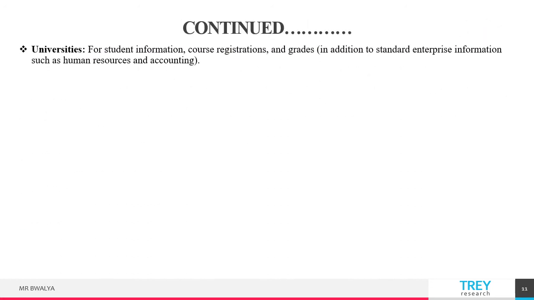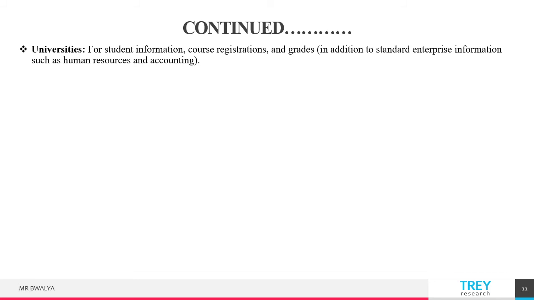We move on now. We go to universities. So the universities, why do they need a database management system? Okay, so here is the reason why they need the database management system. So for student information, meaning their details, their full names, their NRC, where they live, what phone numbers, and all that.